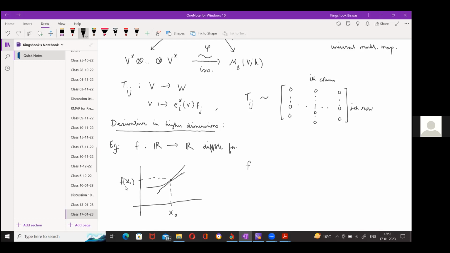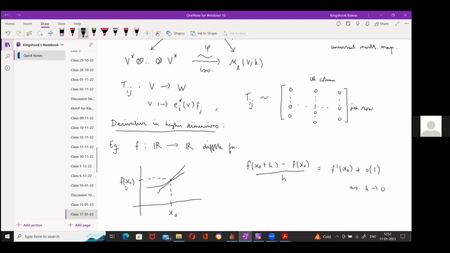Well, we know that f of x naught plus h minus f of x naught, divided by h, converges to f prime x naught. So this is equal to f prime x naught plus a quantity which is little o of 1, right? As h tends to 0. Right? So little o of 1 just means a quantity which goes to 0 as h tends to 0.